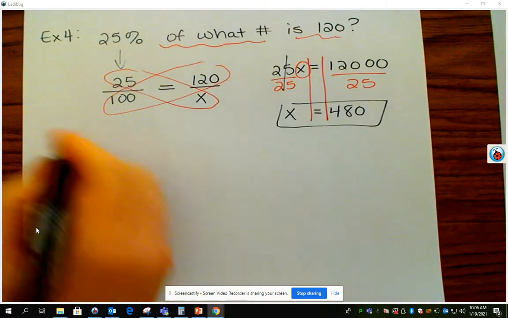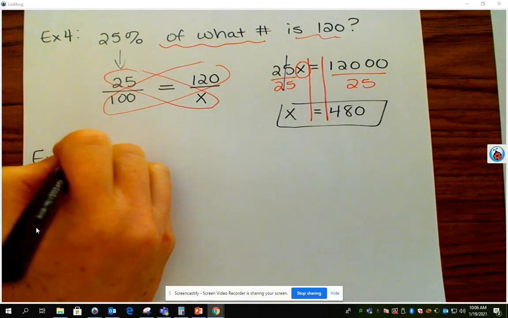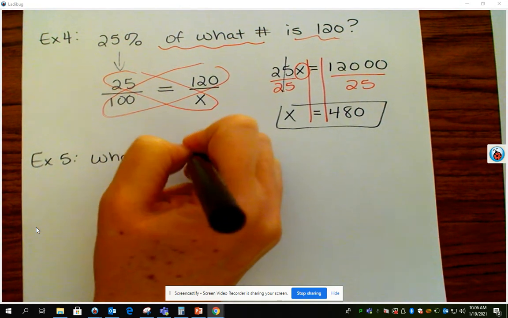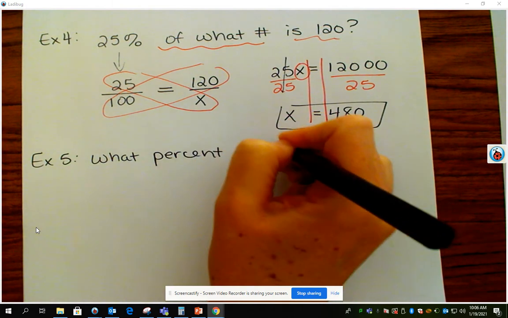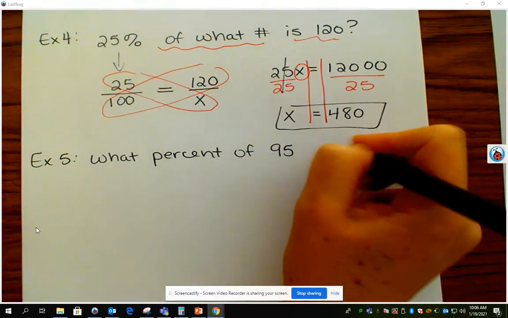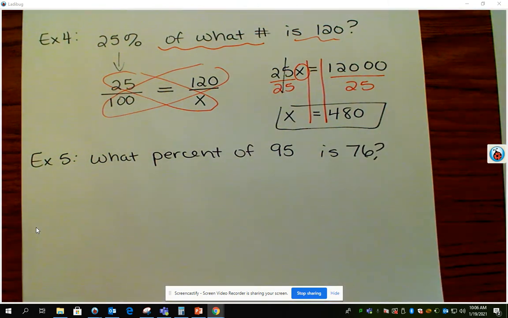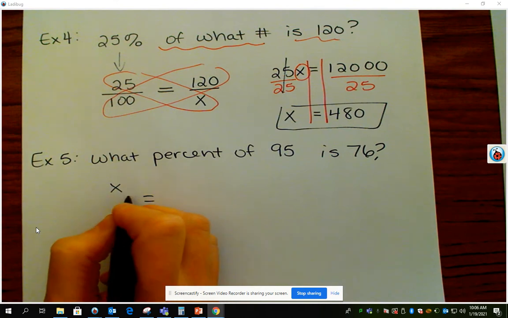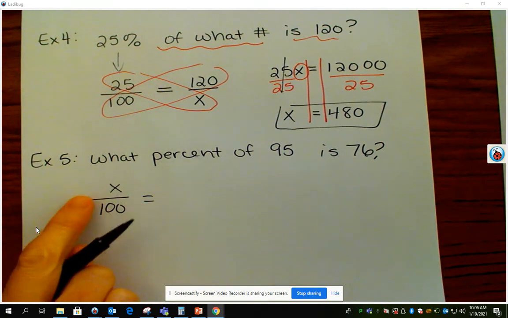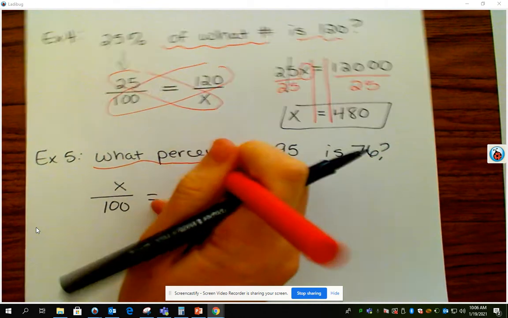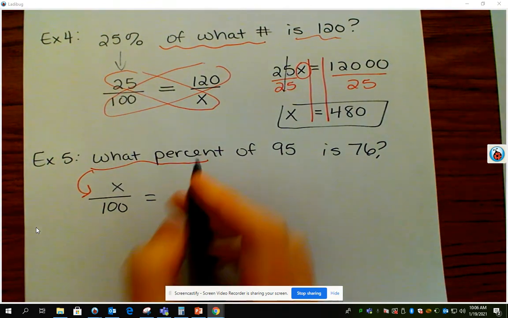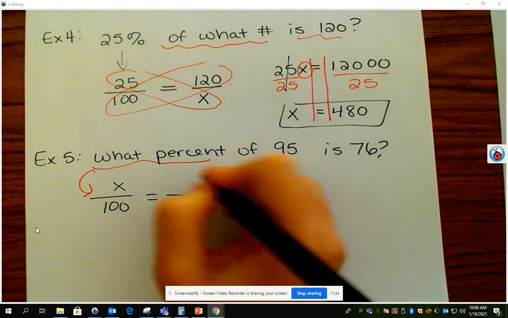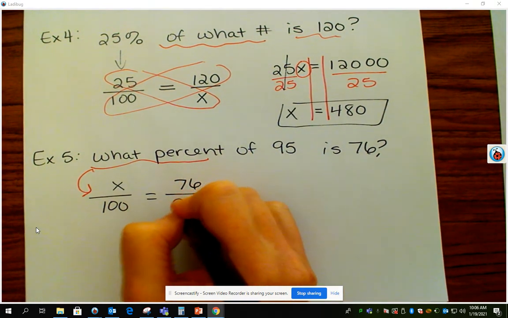All right, let's try another one. What percent of 95 is 76? This one's different. They didn't give us the percent. We need to find the percent. So it's going to be something per 100. What percent? That's what this part is. And then here, just remember the part goes over the whole. So 76 out of 95.